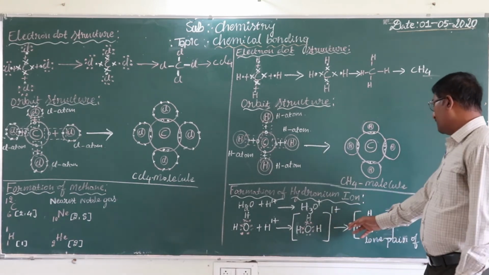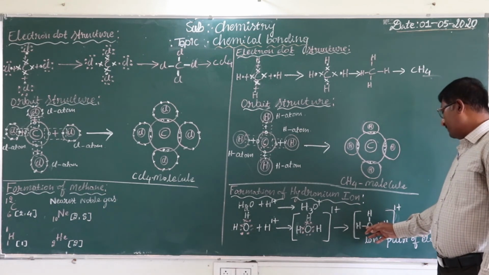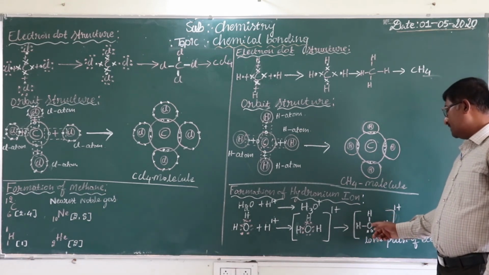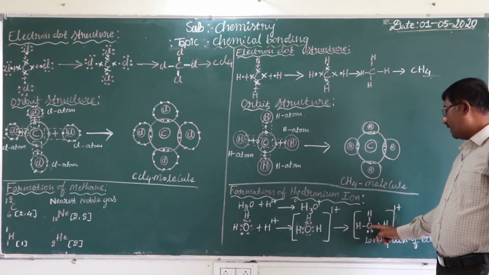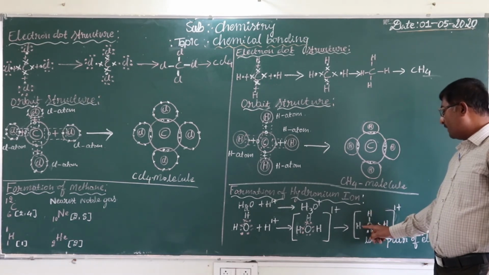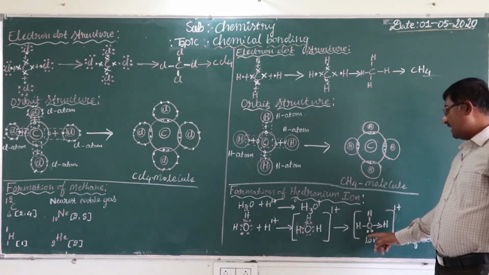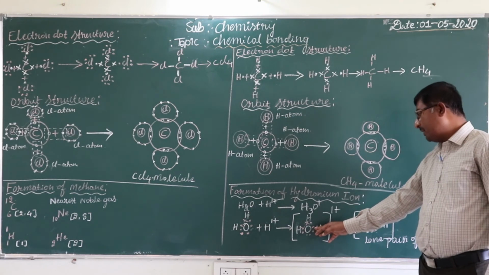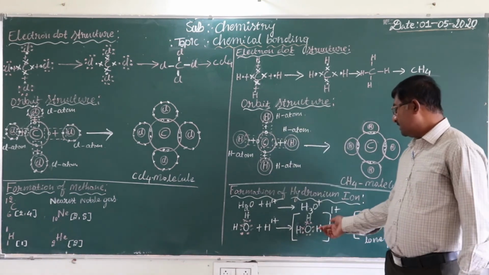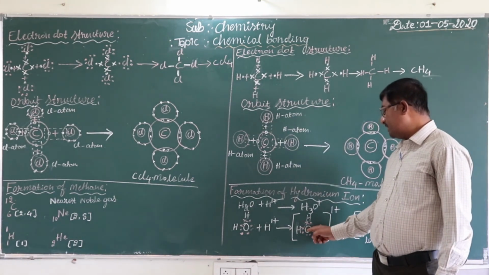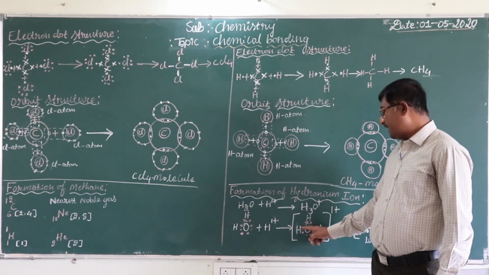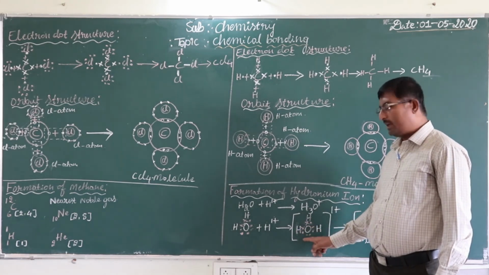In bonds, like this we can write. These are covalent bonds between the two hydrogen atoms and oxygen, and this is a coordinate bond. In these two cases, one electron is given by oxygen and one electron is given by hydrogen.